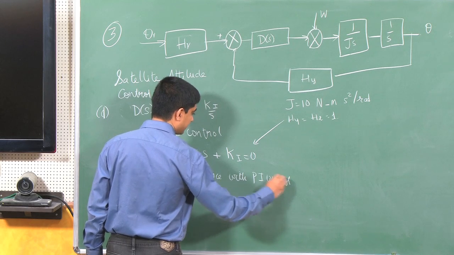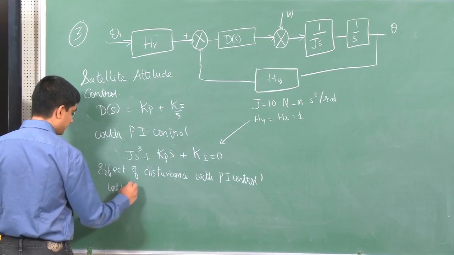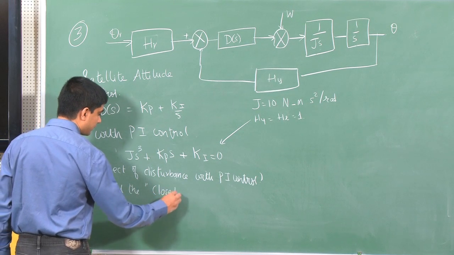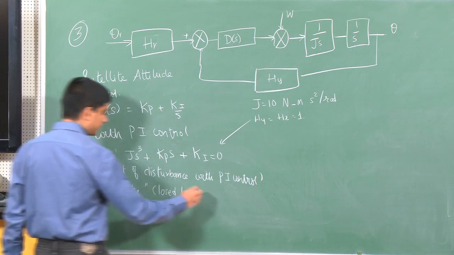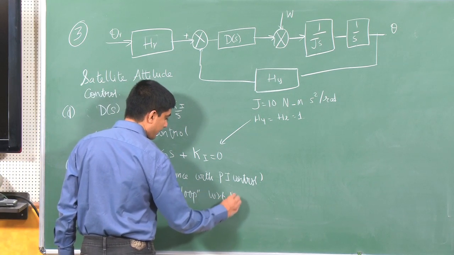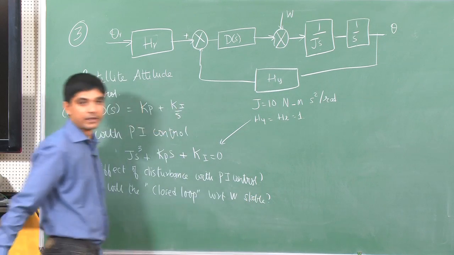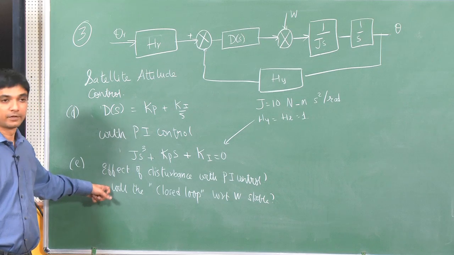Just check this. I just use the word closed loop even though it is not the actual closed loop. Is the closed loop with respect to W stable now with a PI control? Just try to solve this. Once you know this, it should be very obvious.